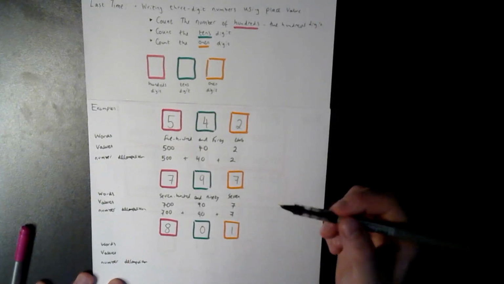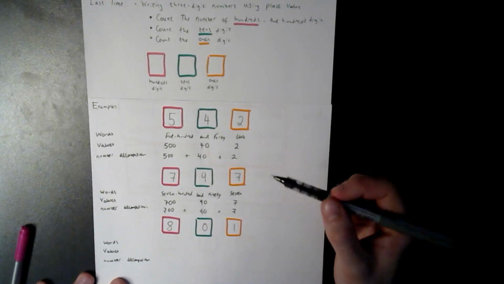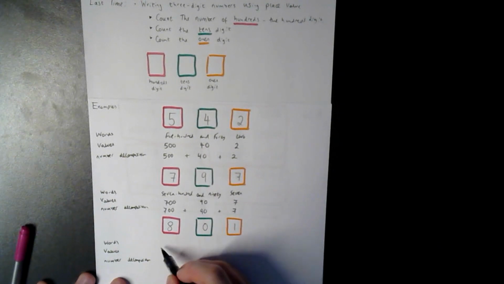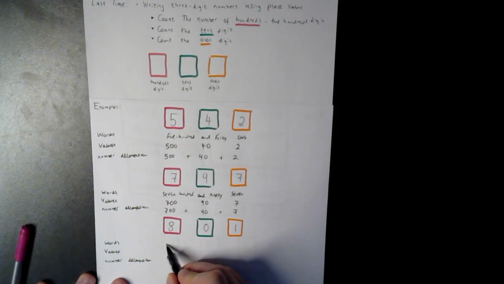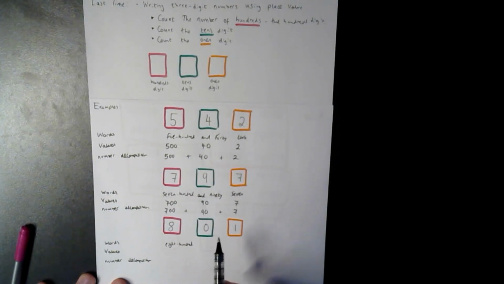Okay, on to the last example here. We have 800s, because 8 is in the leftmost digit, so 800. There's 0 tens, so that means sort of 0.